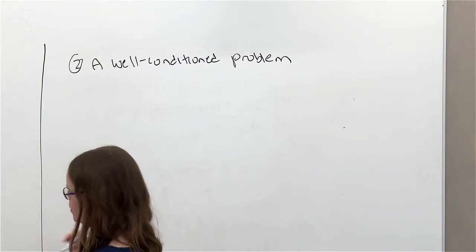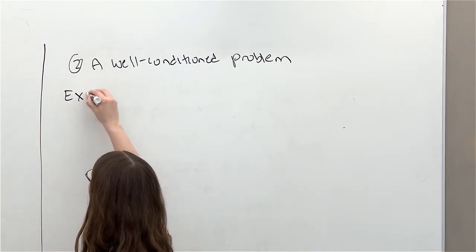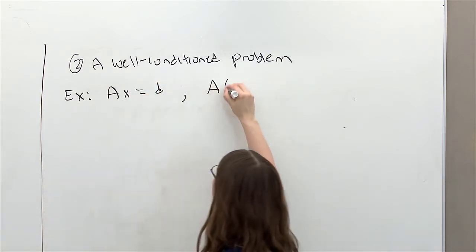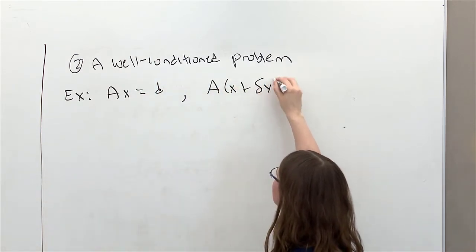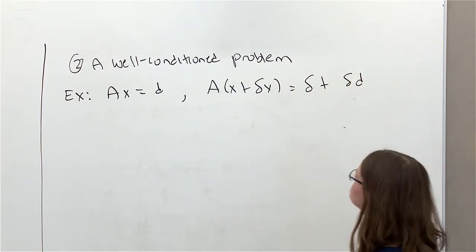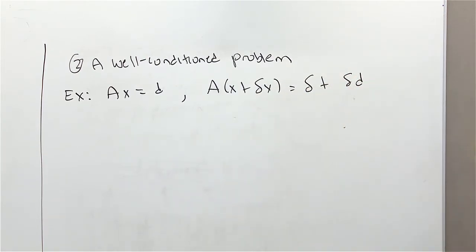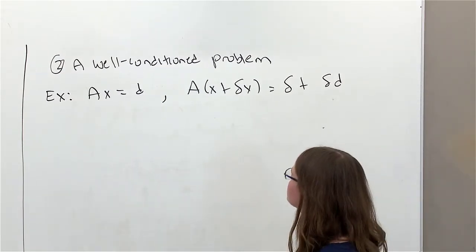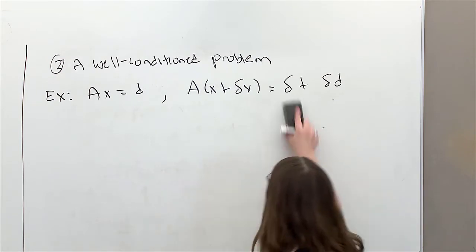So in our example, when we were trying to solve AX equals D, we said we actually solved this nearby problem. I think we called this D, not delta.